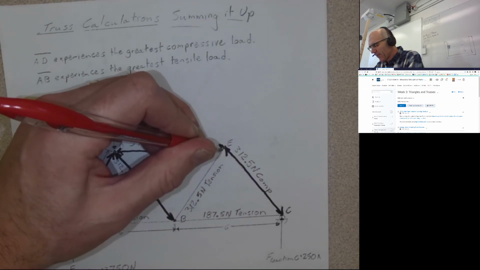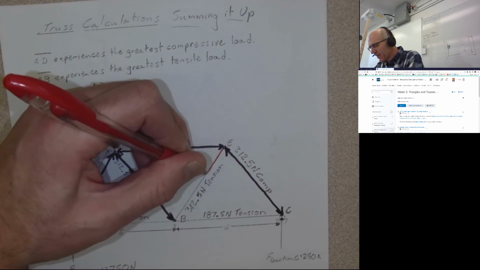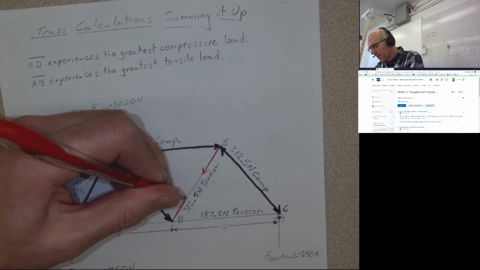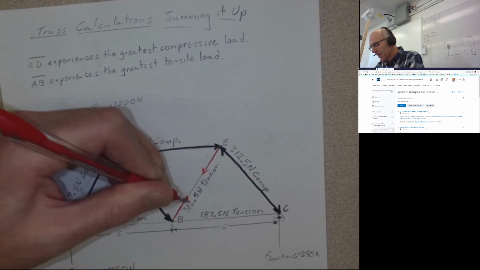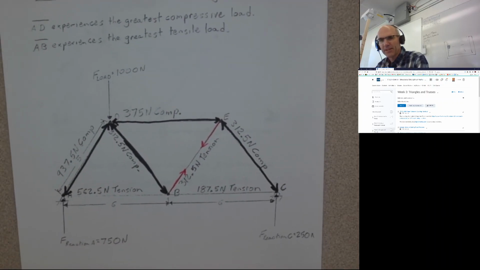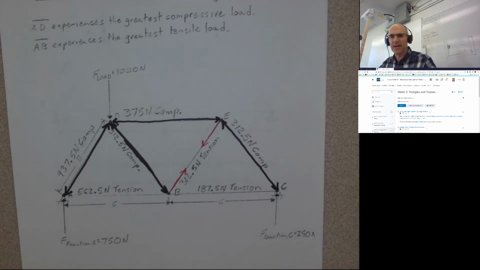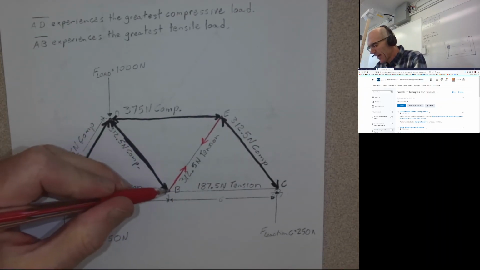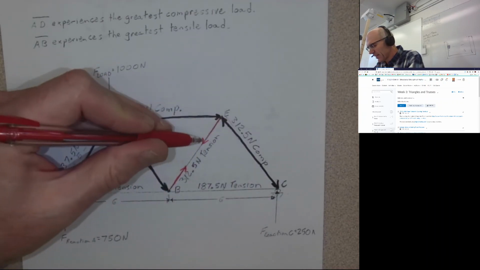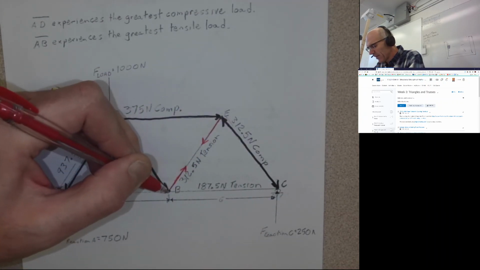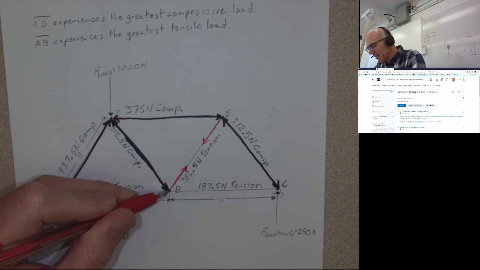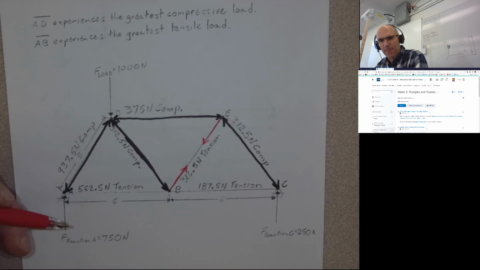So we must have this member in tension. So that one has to be pulling in like that. It's being stretched. And so if E is being pulled down to counteract the force that's in there, that means that E is pulling up on B, which counteracts the force that D is pushing down on B with.